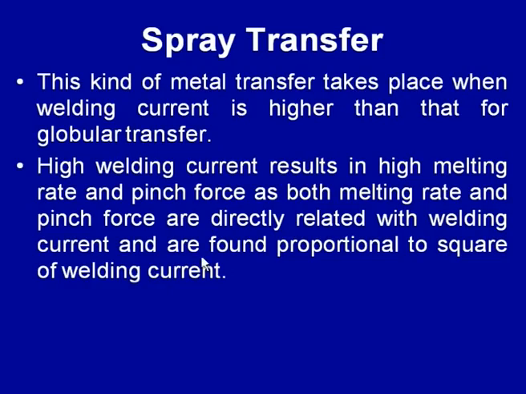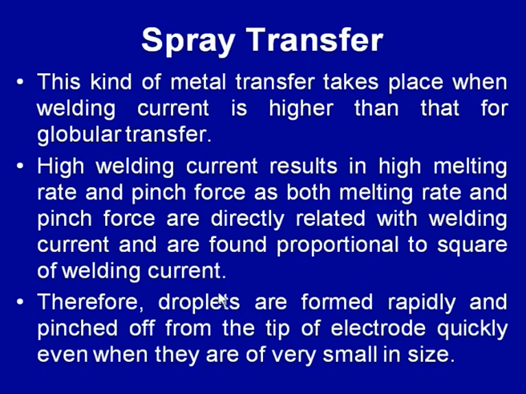Both are directly related to the welding current and are proportional to the square of the welding current. So, with high welding current, the melting rate increases significantly and the pinch force also increases, and because of these two the droplets are formed rapidly and they are pinched off quickly from the tip of the electrode, even when they are of very small size.